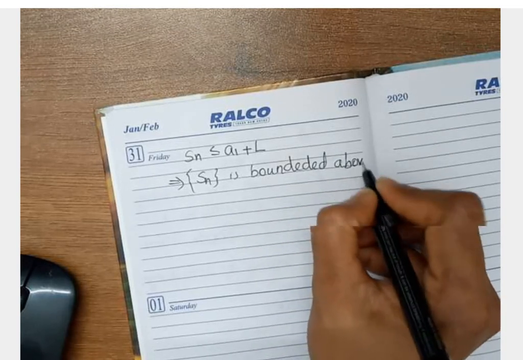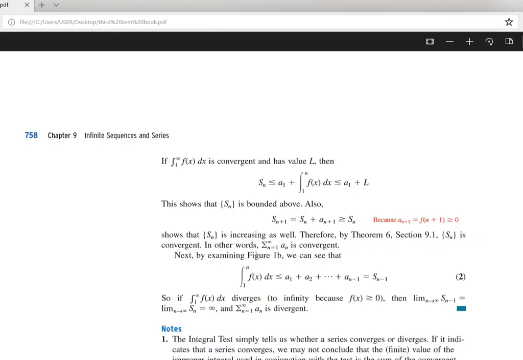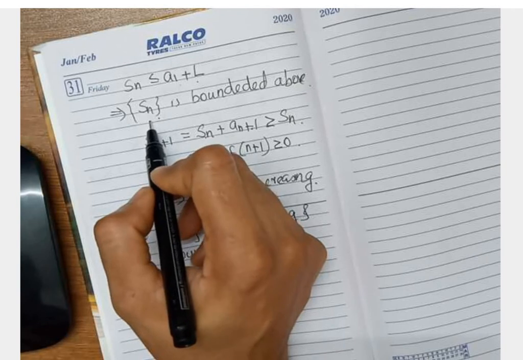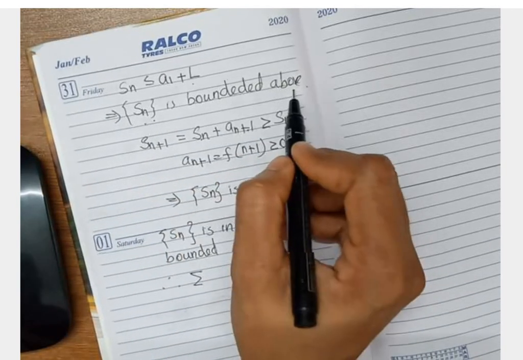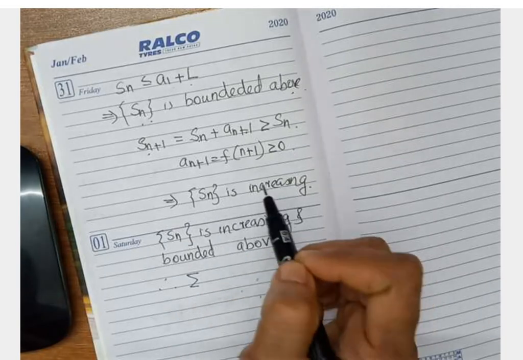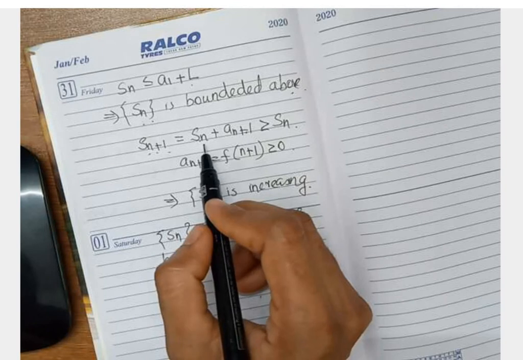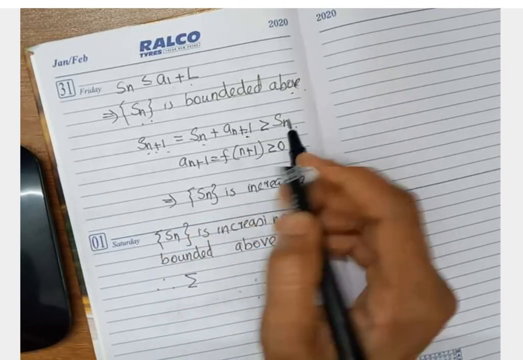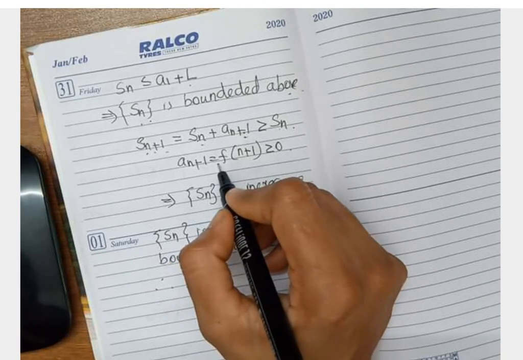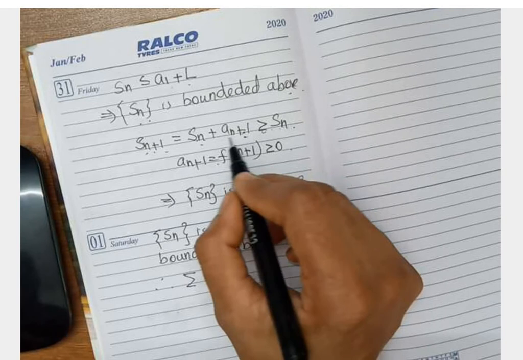That means the sequence is bounded above by A1 plus L, and next we have to show whether it is increasing or decreasing, right? So Sn plus 1 is equal to Sn plus An plus 1, which is greater than or equal to Sn, since An plus 1 is always greater than 0.